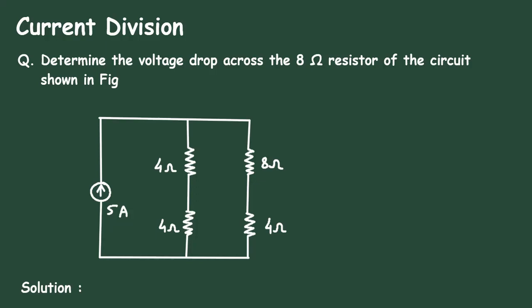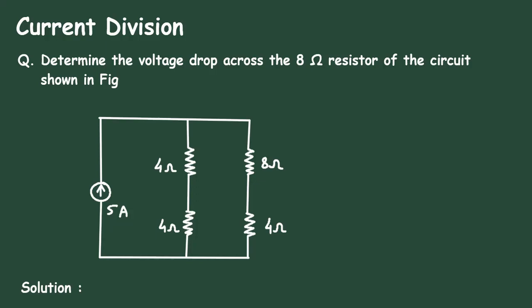Now we have to find this voltage, that is V3. The voltage across this R3 and this R4 will be the same because they are connected in parallel. So V3 is equal to this R4, that is 8 ohm, multiplied by the current value, that is 3 ampere. So this will be 24 volt.